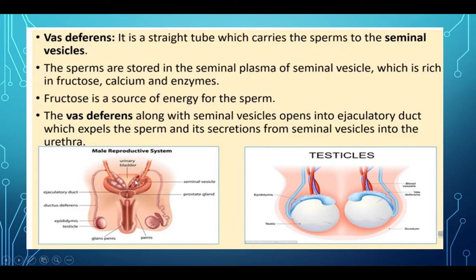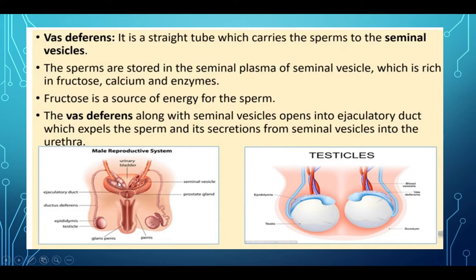The vas deferens along with the seminal vesicles opens into the ejaculatory duct. You can see this opening area. This is called the ejaculatory duct, which expels the sperm and its secretions from the seminal vesicle into the urethra.